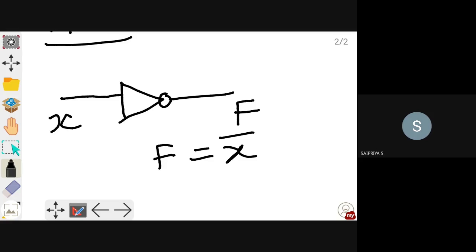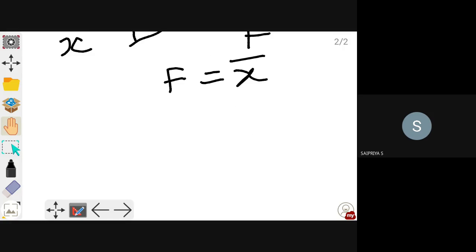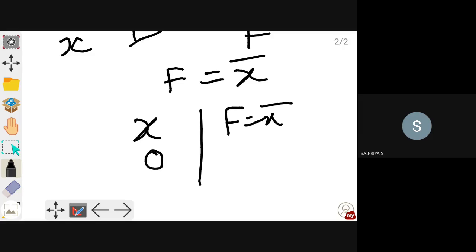This is known as the Boolean function, and your truth table will be X, F. F is equal to X bar. So for 0, it will be 1, and for 1, it will be 0. So this is the NOT gate. NOT gate will have only one input. AND gate and OR gate can have two or more inputs. You can give any number of inputs to the AND gate and OR gate, and you will get only one output.